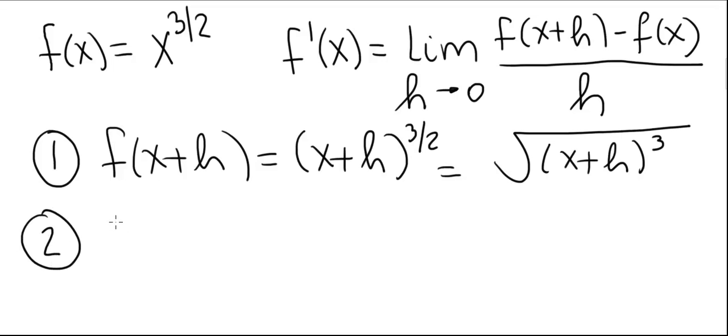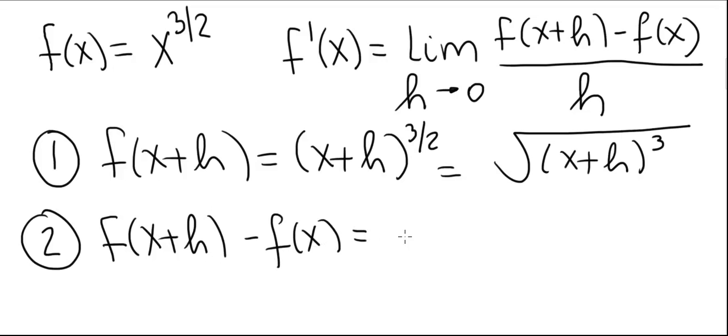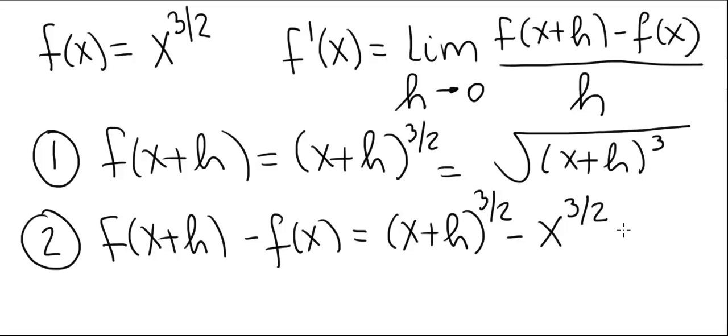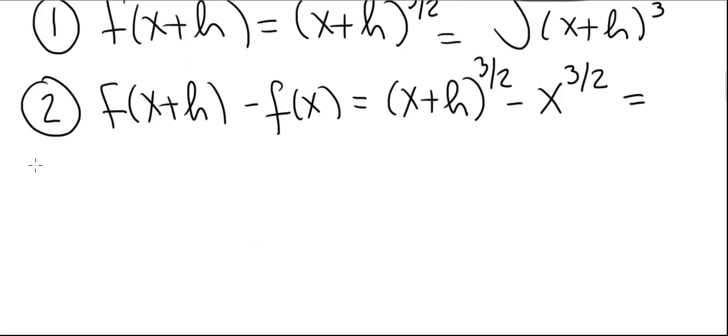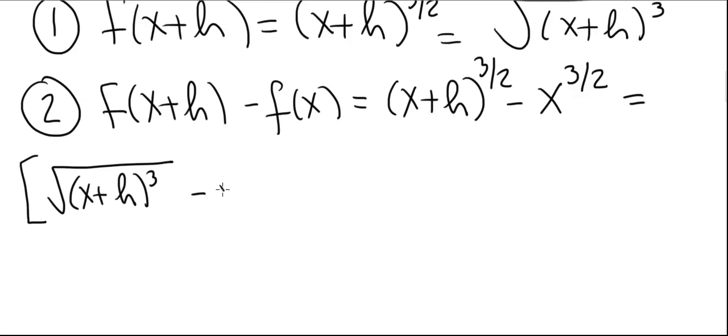In step 2, we want to compute f of x plus h minus f of x. It is equal to x plus h to the 3/2 power minus x to the 3/2 power. Let's change this notation to an equivalent notation using radicals. So it is the square root of x plus h cubed minus the square root of x cubed.